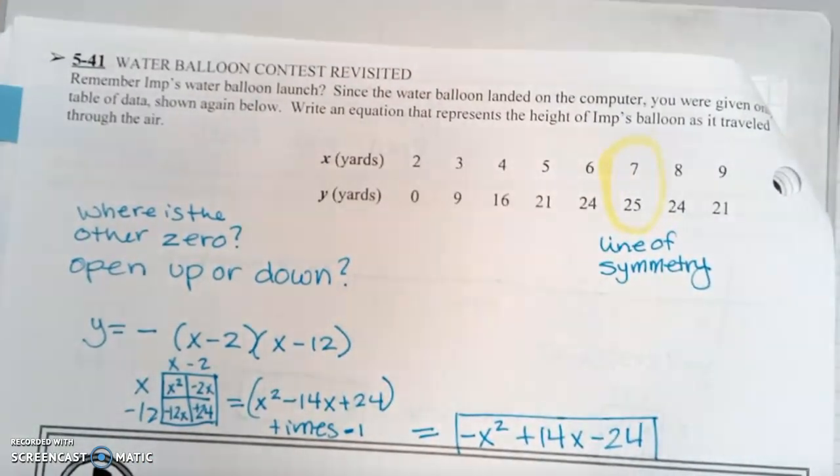All right, up at the top of page 10 is question number 41, which is called the water balloon contest revisited. Remember IMP's water balloon launch? Since the water balloon landed on the computer, you were given only the table of data shown again below.